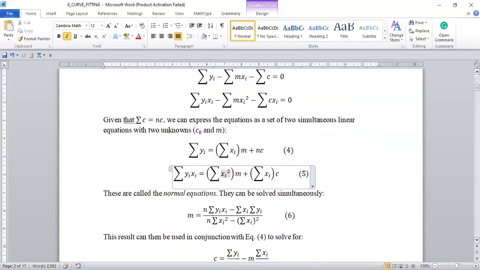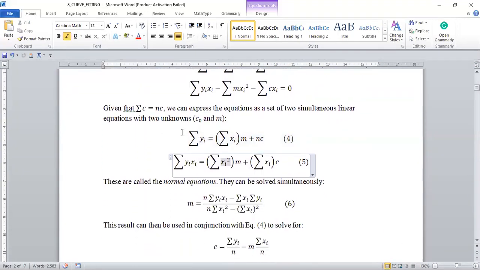So we've reduced the problem into two sets of linear equations. I want to get the slope m and I want to get the intercept c. In the last class, we considered solving algebraic equations. So there are two simultaneous equations.